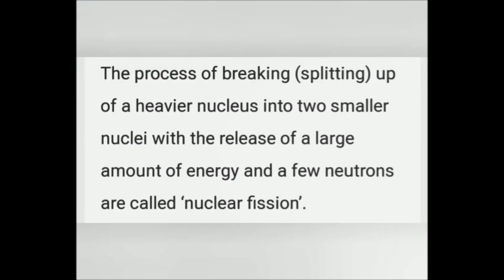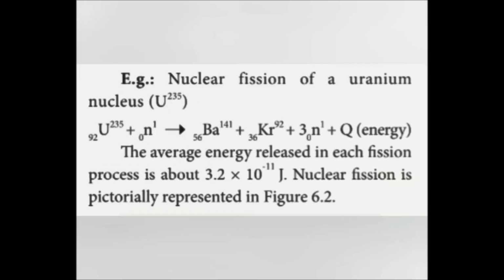What is nuclear fission? Fission means splitting. The process of splitting a heavier nucleus into two smaller nuclei with the release of a large amount of energy and a few neutrons is called nuclear fission. Let's consider an example for nuclear fission.